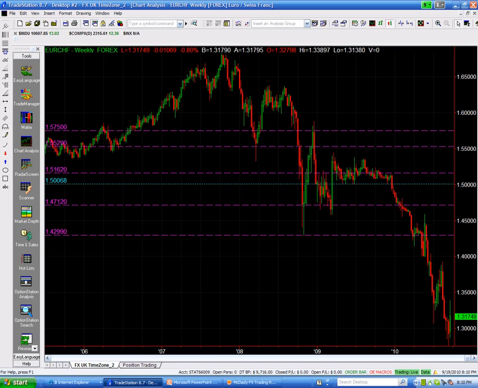So with that, we need to be looking at closing our short position and reversing to go long. So right here we have our buy signal, that is our structure point right there.